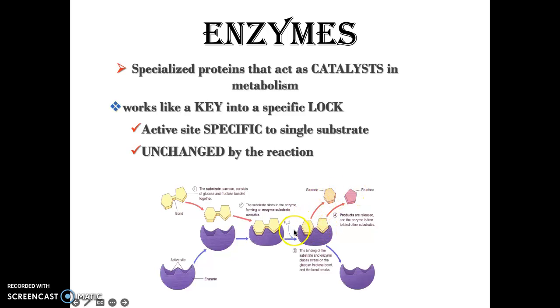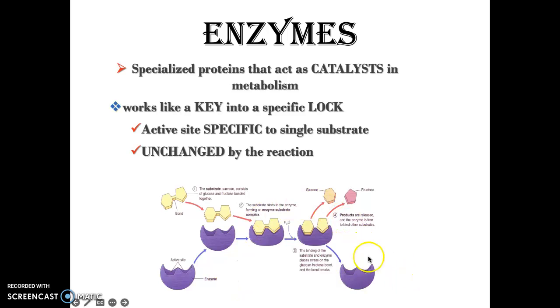They get released. So now we have some glucose available for cellular respiration. And then when all is said and done, the neat thing about enzymes is that they can be reused. These two monosaccharides get released, and this enzyme will go looking for another molecule of sucrose.